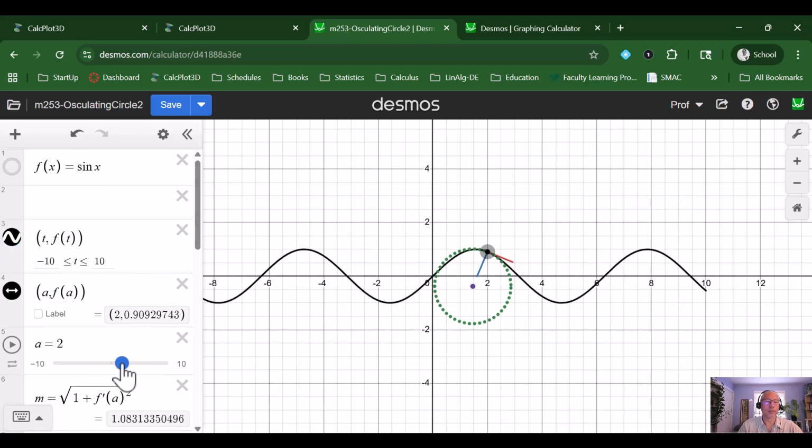Here we can take a look at, for example, the sine function. If we go along the sine function, the largest curvature and the smallest circles happen at the maximums and minimums.